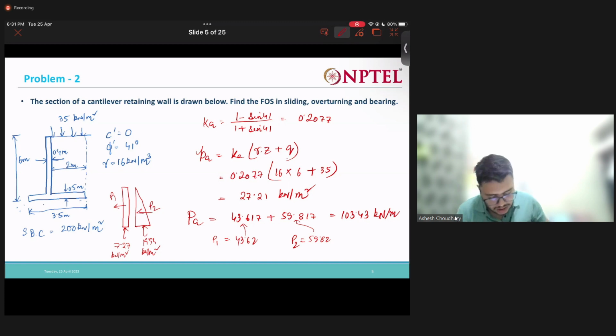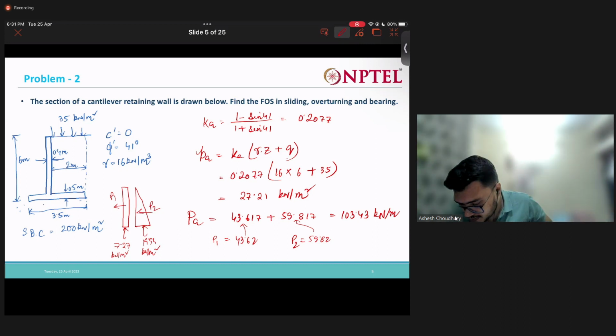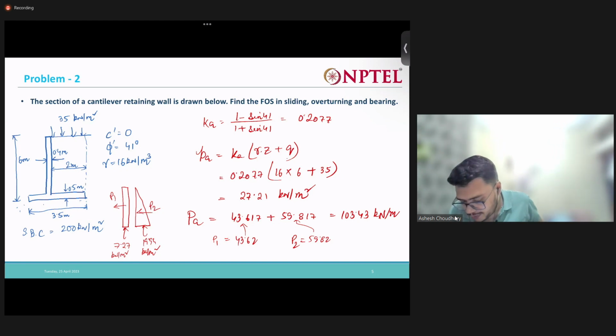Now we will be determining the distance of the base reaction from the heel, so we will be taking all the moments of the forces about the heel, right?